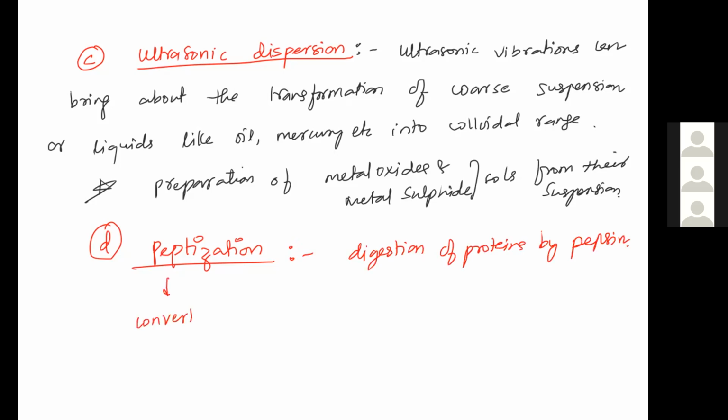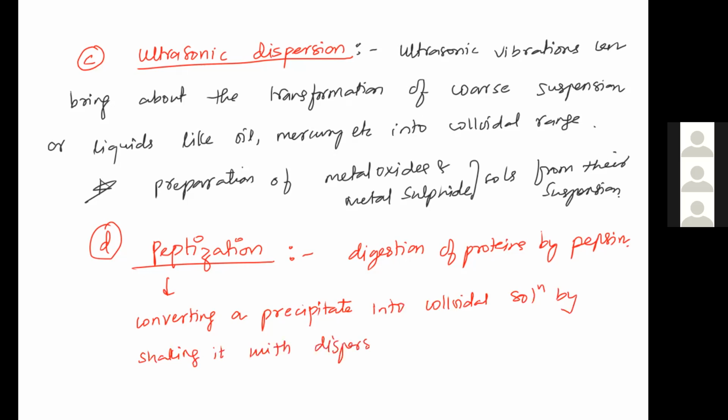This is a process of converting a precipitate into colloidal solution by shaking it with the dispersion medium in presence of electrolyte.